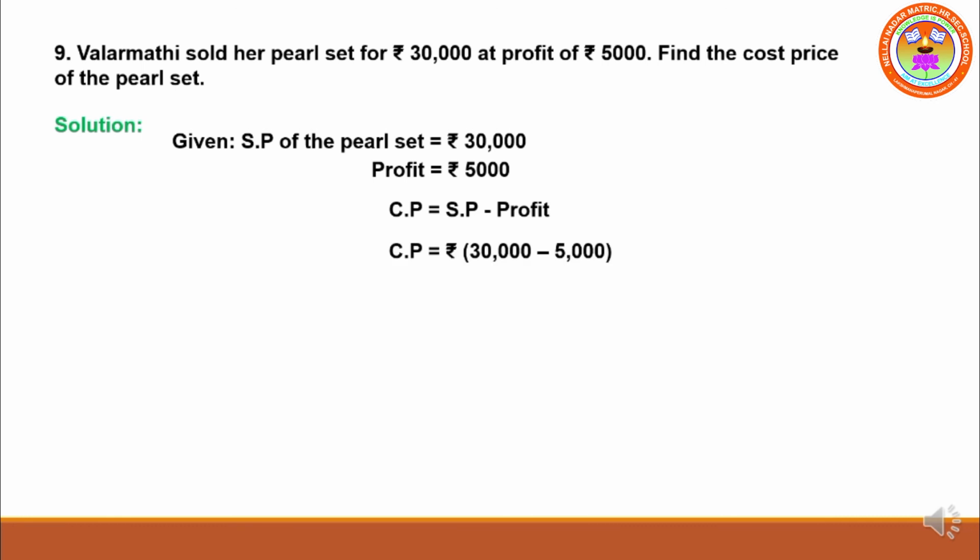So SP is 30,000 minus profit is 5,000. On subtracting these two, I get the answer as 25,000, which is the CP. Yes, therefore, the cost price of the pearl set is rupees 25,000, which is the final answer. This is how you are going to write the answer. Yes, children?